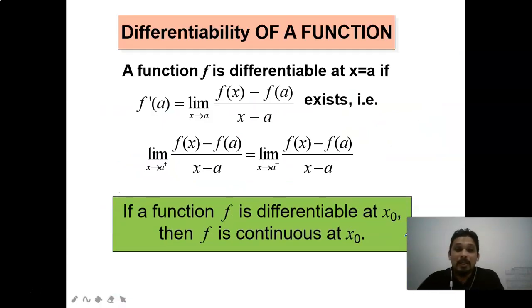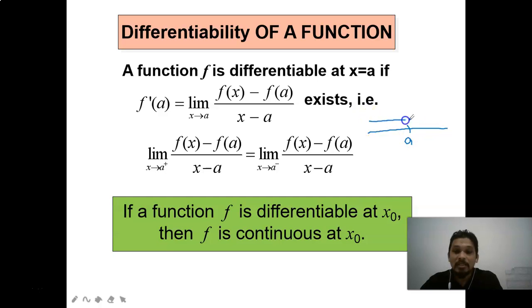So now, differentiability of a function. f is differentiable at x equal to a if f prime a equal to limit of f x minus f a divided by x minus a. There might be cases where one function is separated into two functions, when x approaching a from right and x approaching a from left. Let's say this is a.